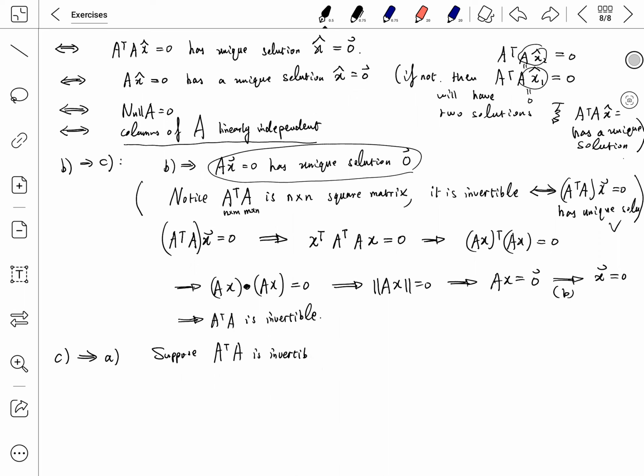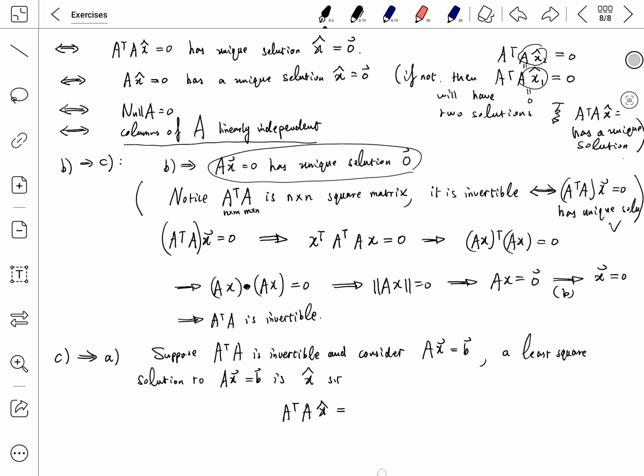And we consider starting question AX equals B. The least square solution is a solution to our normal equation A^T A X hat equals A^T B, right?